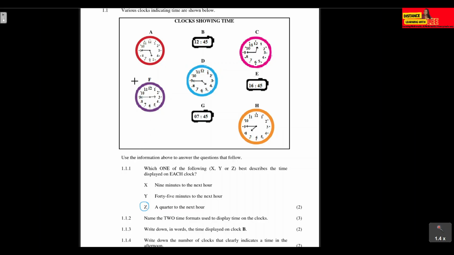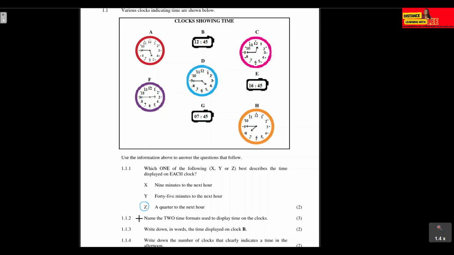So you can either say digital and analog time format, or you can just say a 24-hour format, because we know that with the digital clocks, it goes from 00:00 all the way up until 23:59. So with our digital clock we can go all the way up until 24 hours, but with our analog clock it's just 12 hours, because we only have 1, 2, 3 all the way up to 12.